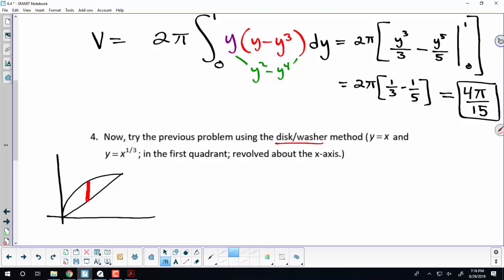Okay, so that's a thickness of dx. We need everything in terms of x. Fold around the x-axis. Sorry, that's an arrow. Okay, so we see that there's a gap there, so we're going to be using a washer, which is pi times outer radius squared minus inner radius squared.